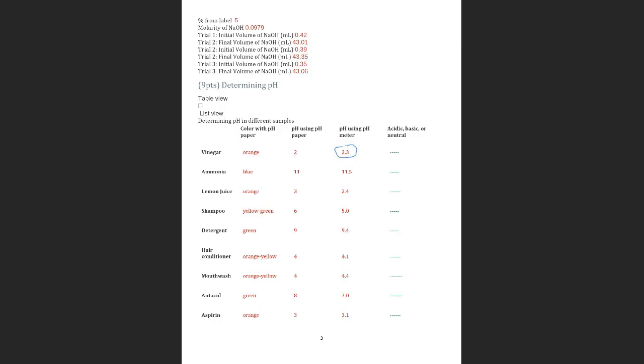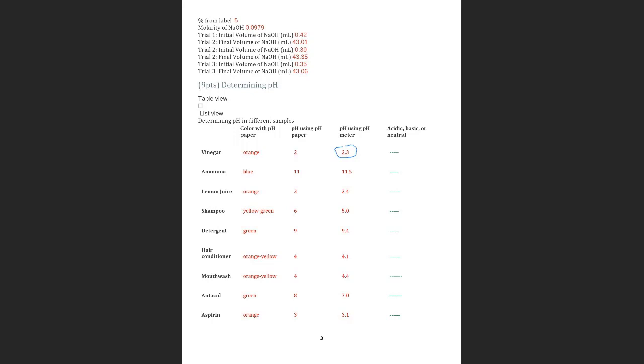Is it acidic or is it basic? Yes, acidic. Exactly. So if it's less than 7, acidic. If it's higher than 7, basic. And if it's 7, it's neutral.